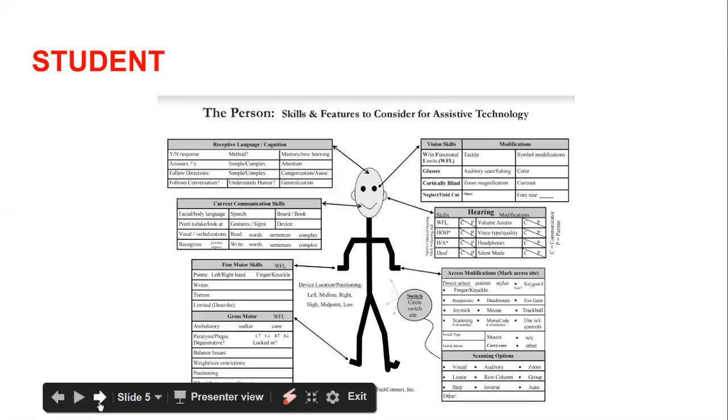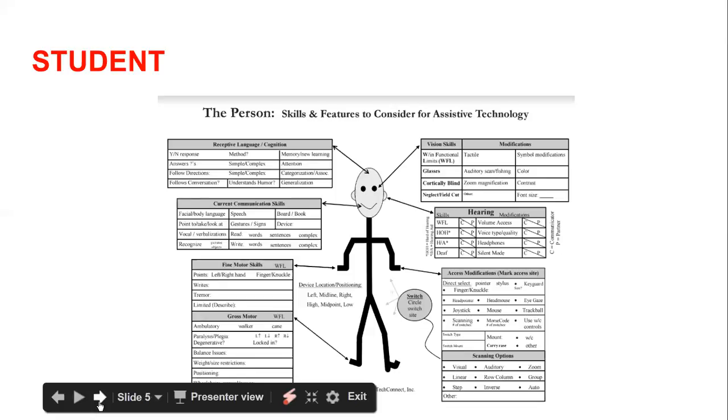If they have a switch, do they need a switch to access maybe their communication device or their computer software program? And how are they scanning? Are they able to go through many options and choose the appropriate one, or maybe they just have two options, that kind of thing. So I think that this is a nice way for you to consider the student and where their skill levels are. What are they doing?